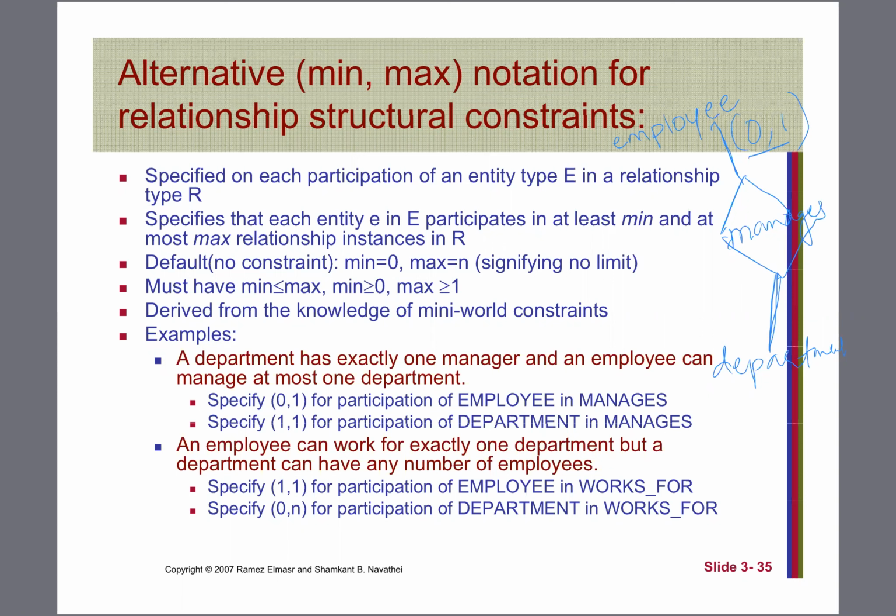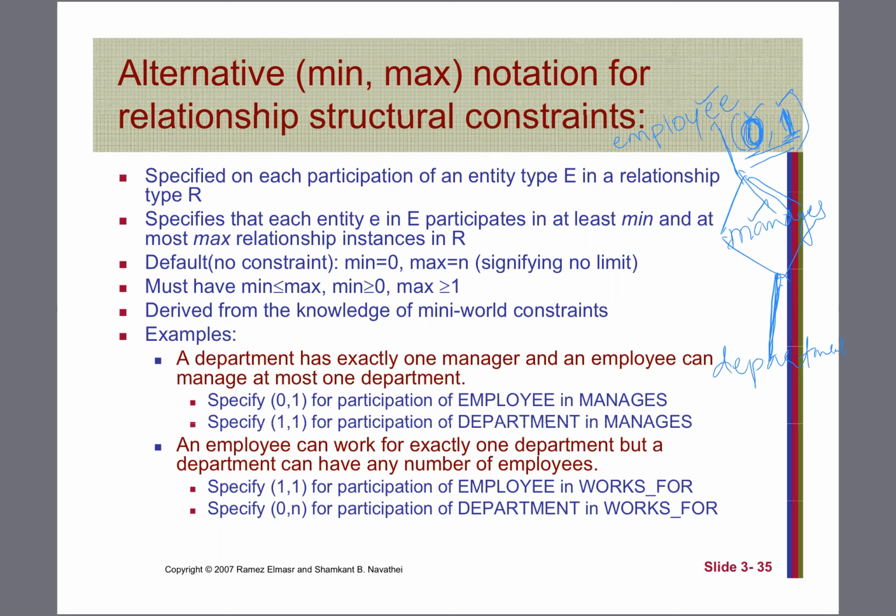What will this mean? 0 is the minimum value and 1 is the maximum value, because I have just told you the first value is termed the minimum. So 0 means there might be 0 employees who are managers to the department, correct? Not all employees will be managers, or 1. So to a particular department there might be 1 employee who is a manager to the department.